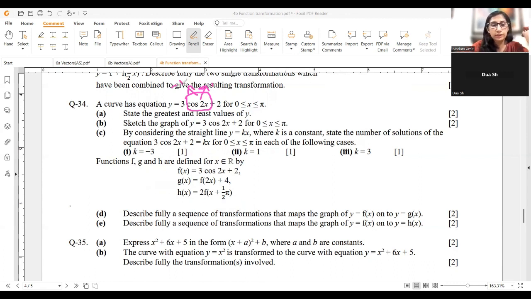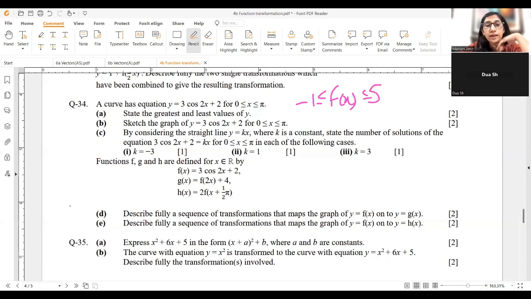So 3 times 1 plus 2 is 5. And 3 times -1, which is -3, plus 2 is -1. Although they did not ask for the range, it would be this. Let me check. Yes, 5 and -1 are the answers.